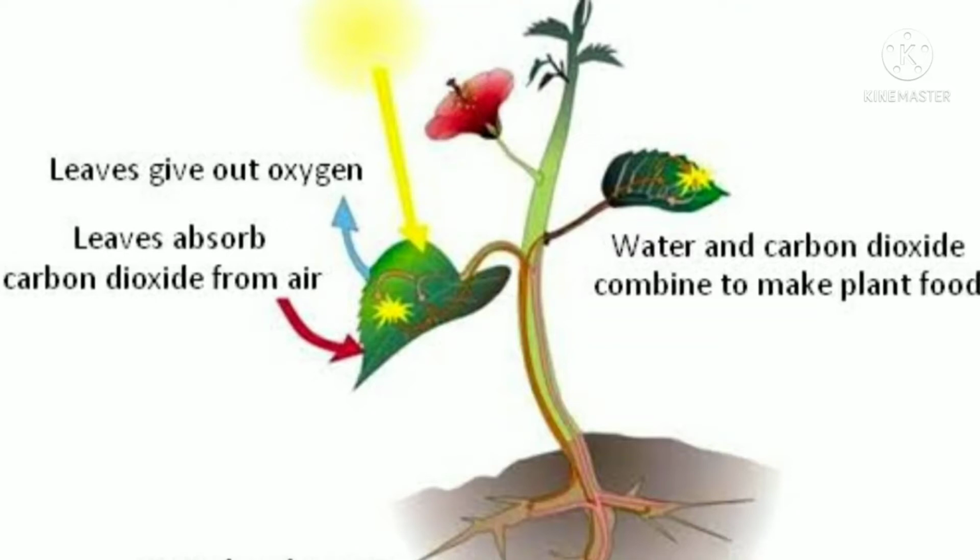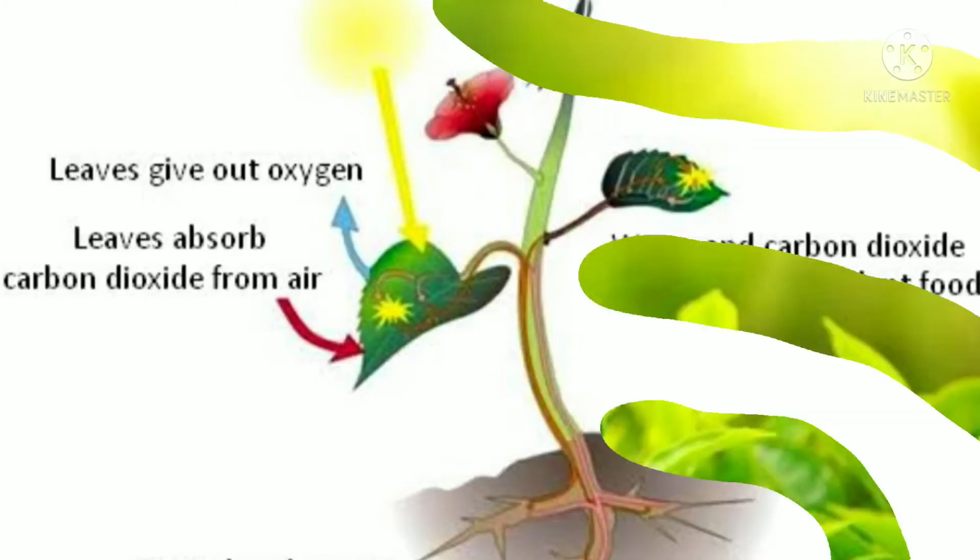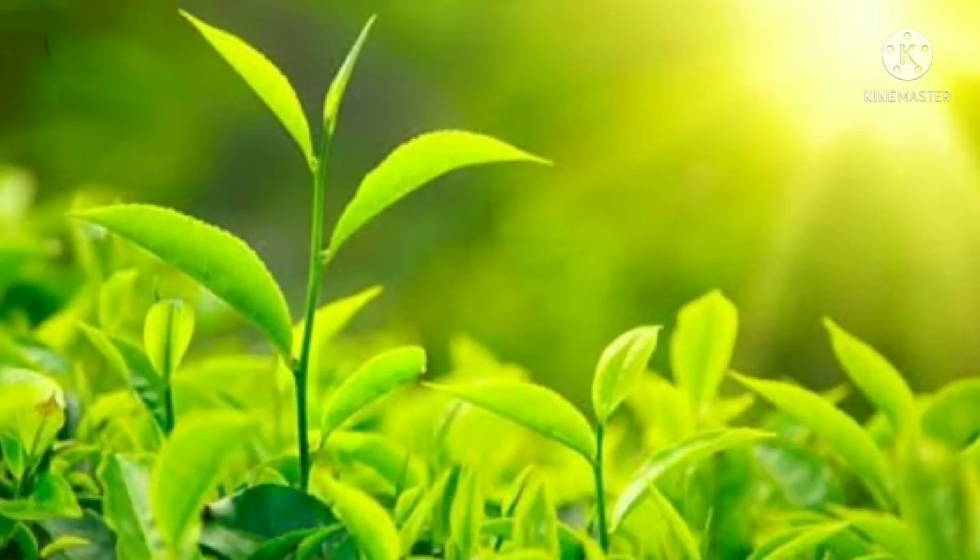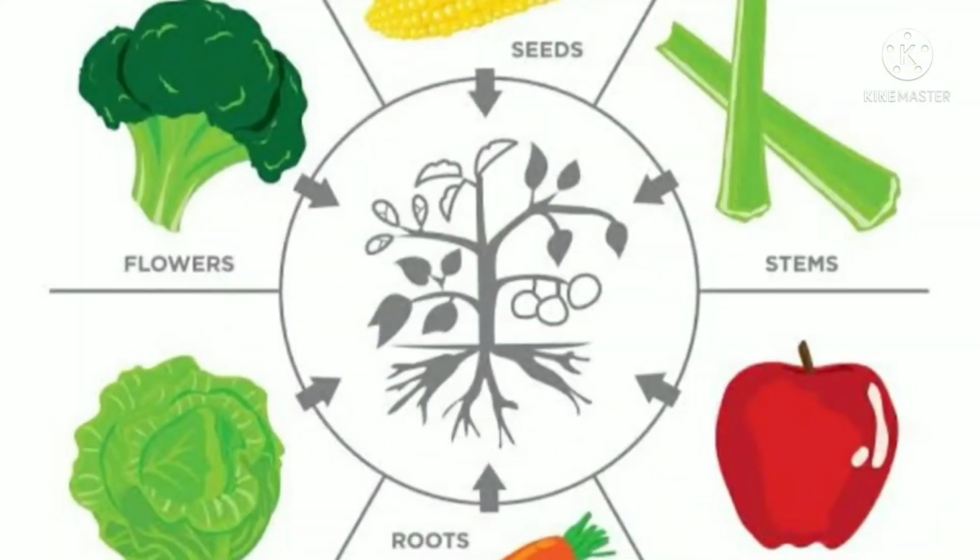We know that plants prepare their own food in the leaves in the presence of air, water and sunlight. Some of this food is used by the plants for themselves. The leftover food is stored in the different parts of the plants.